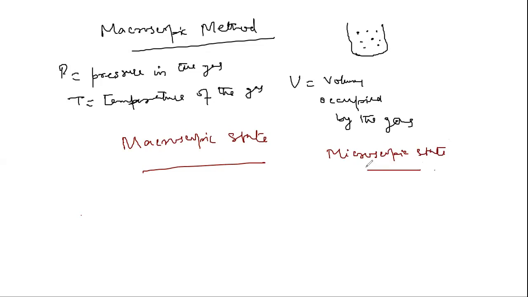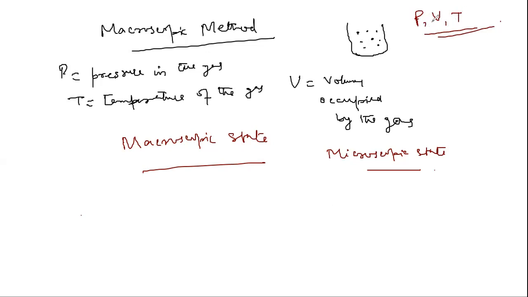Now, for a given macroscopic state, there are many microscopic states possible. That means if I have a gas in a certain macroscopic state, for example, which is specified by some value of pressure, some value of volume, some value of temperature. Now the system is in equilibrium. That means it is in a settled situation.